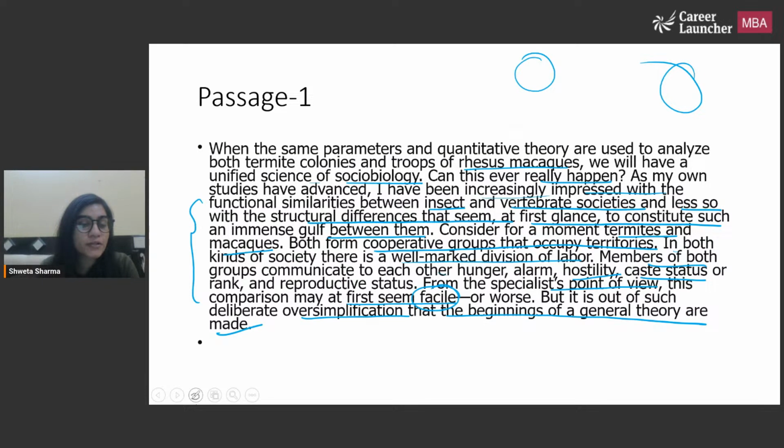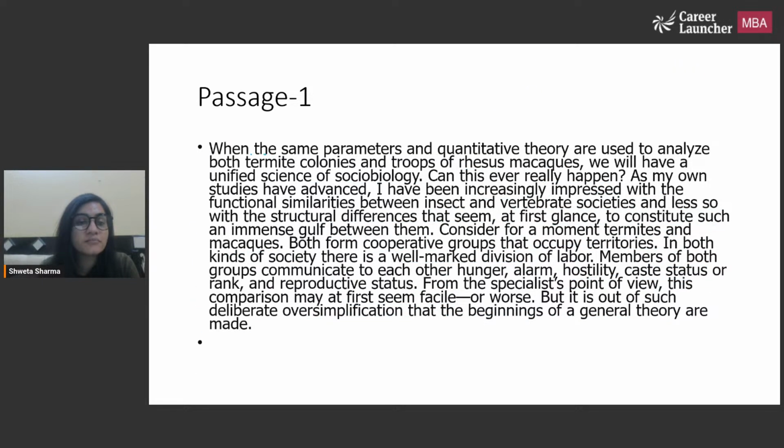So it starts with termites here, right? And then Rhesus macaques. So naturally this shows that we are referring to a comparison here. Of course, that comparison is there, but what eventually does that comparison do? Rhesus macaques basically refers to the monkeys, right? So what is that similarity? That is on the basis of the kind of troops they have, right? Troops of monkeys.